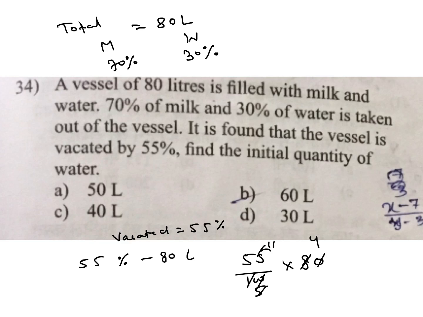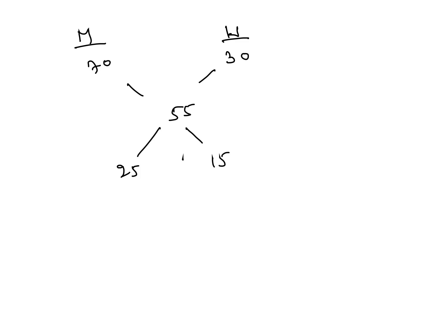Then alligation mixture, milk, water. Milk 70% reduce, water 30% reduce. Combined reduction 55%. Here you will get 25 and 15. So it's 5 is to 3.